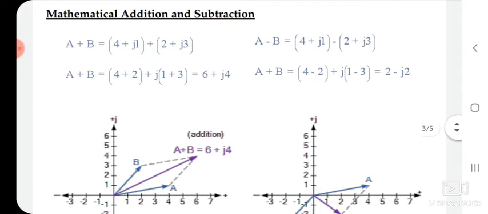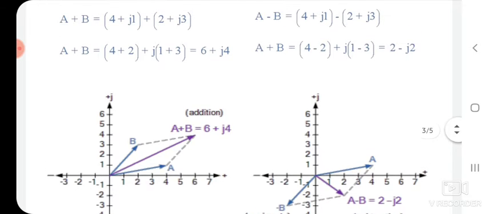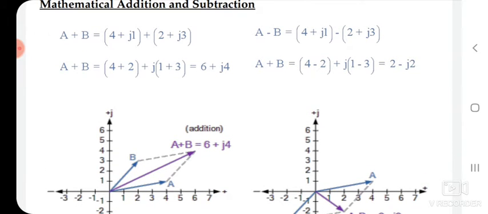First, a is the complex number in which both the real as well as the imaginary terms are positive. That's why it is present in the first quadrant. That can be represented here. In the second complex number, both terms are also positive, so it is also present in the first quadrant.